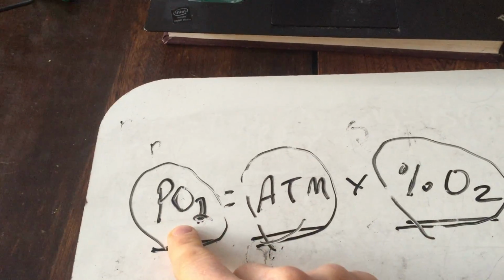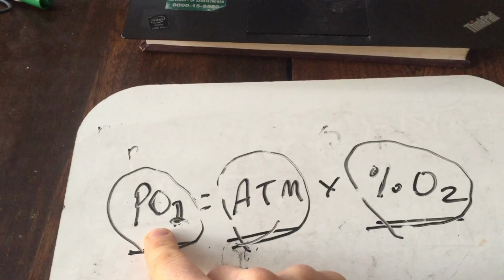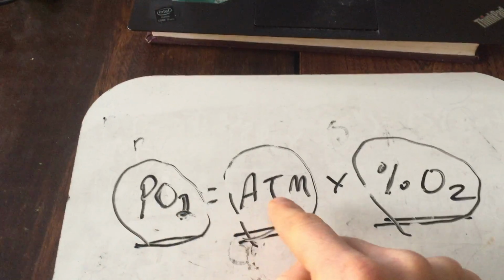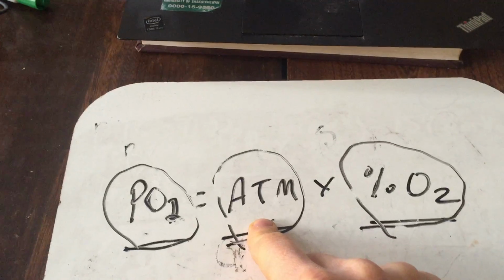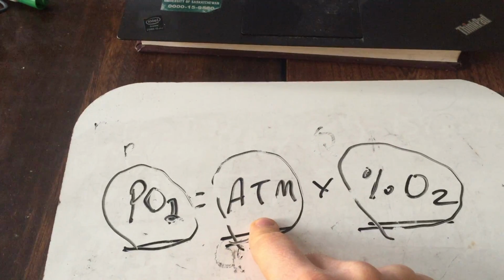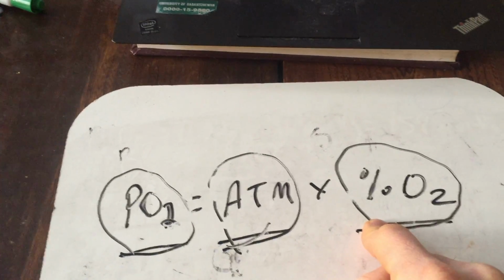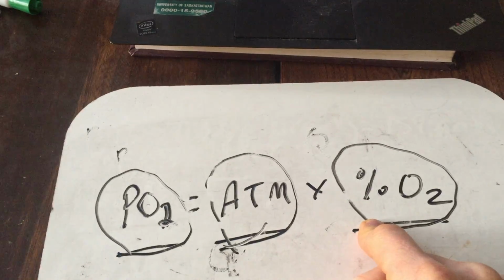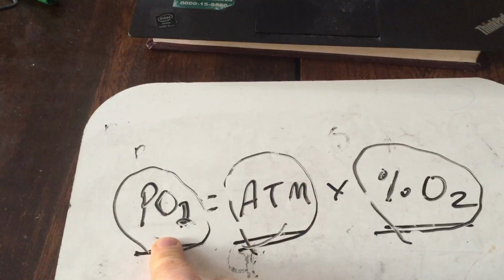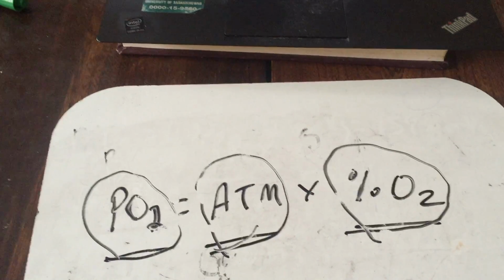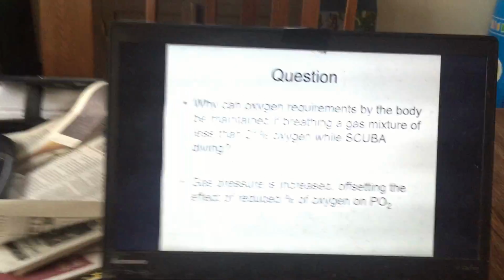And your PO2, the pressure of oxygen from the tank, is maintained because underwater, the atmospheric pressure is increased. The pressure of the water increases the atmospheric pressure to offset the reduction in percentage of oxygen in your scuba diving tank, so that your partial pressure of oxygen and that driving pressure to get oxygen into your lungs is maintained.